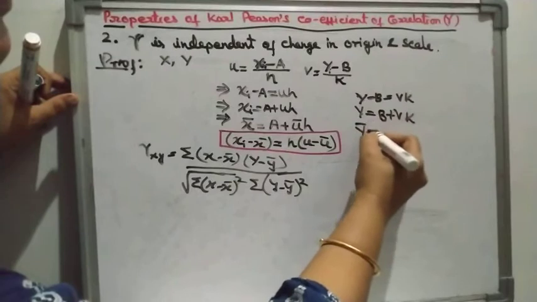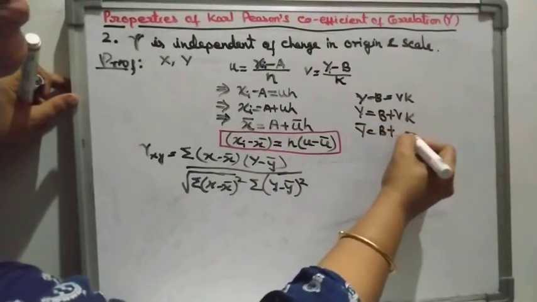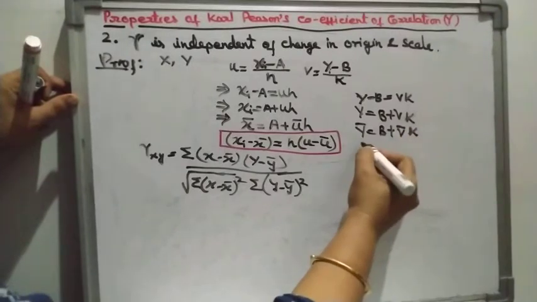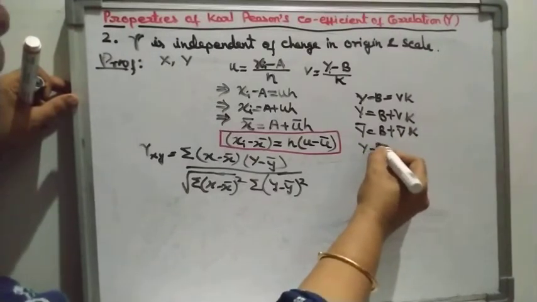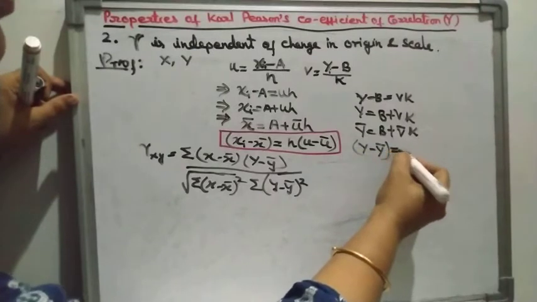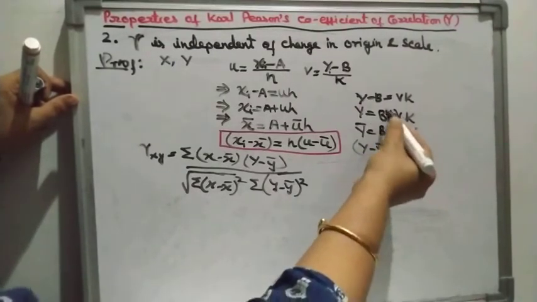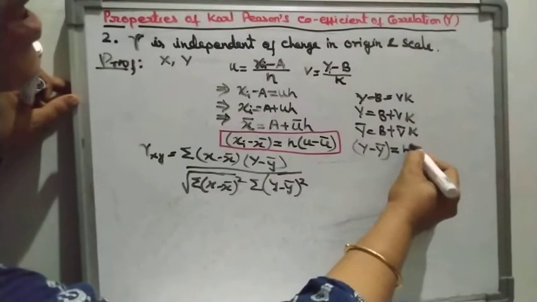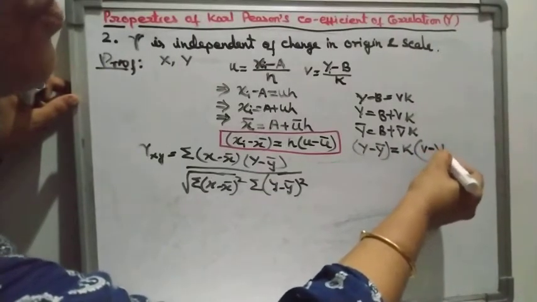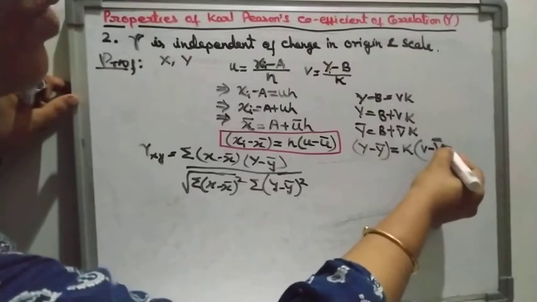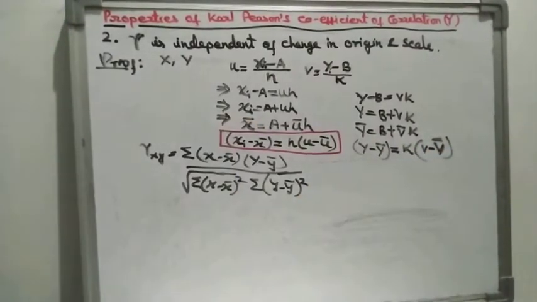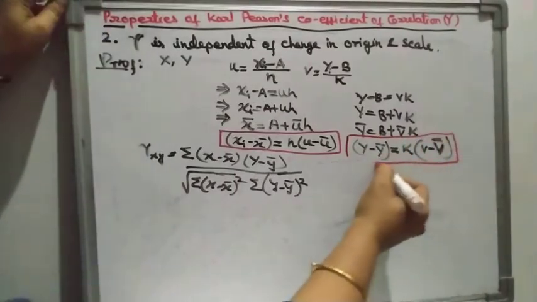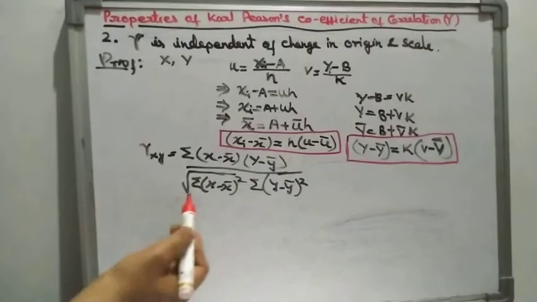So y bar is equal to b, a constant, plus v bar k, k being a constant. So if you subtract this, what we get, k is constant, k times (v minus v bar), is y minus y bar. Okay, so we need to write these two in our original rho formula, which is this.